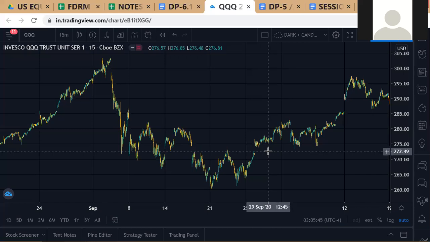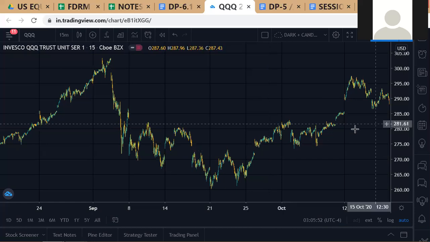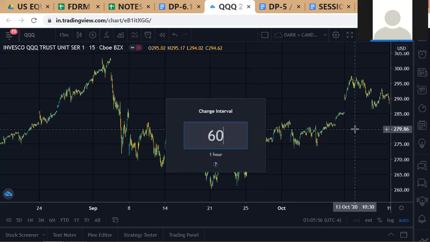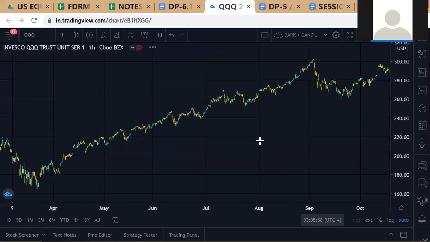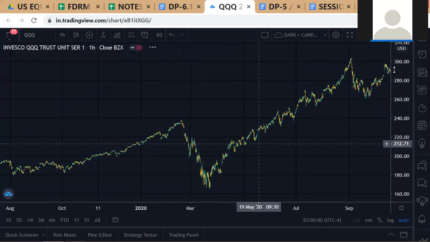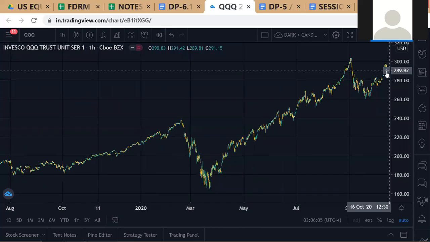So you can't go against the filter. If your trading time frame tells you to sell here, you can't sell because the big picture is actually up. So you can't go against the big picture.